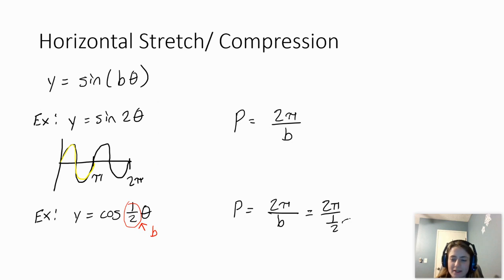To simplify this, we can multiply by 2, top and bottom. Those 2's cancel, and we're left with 4 pi. So instead of one period of cosine being within 2 pi, it stretches all the way to 4 pi.